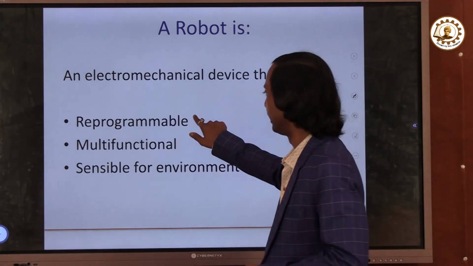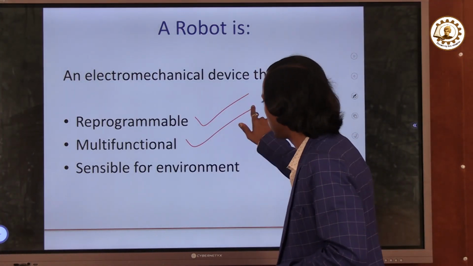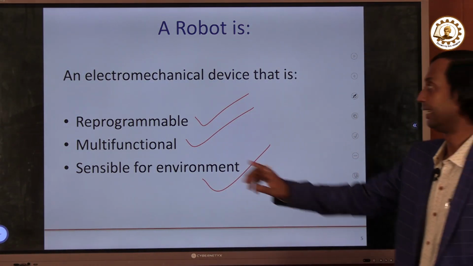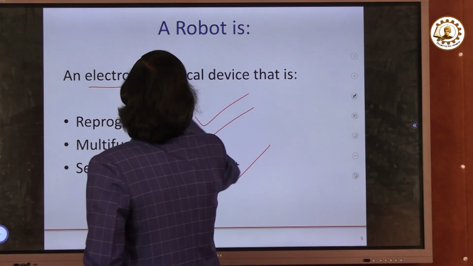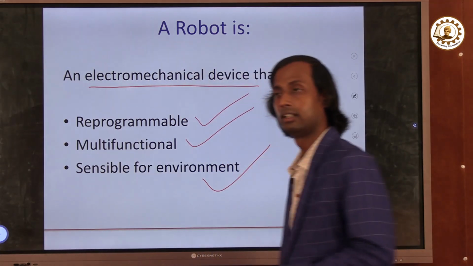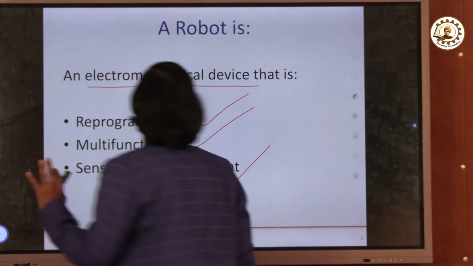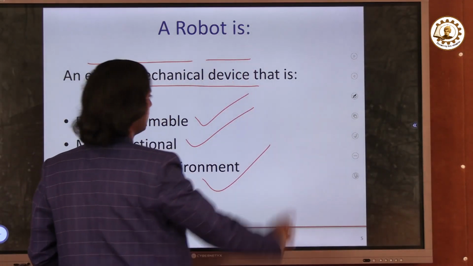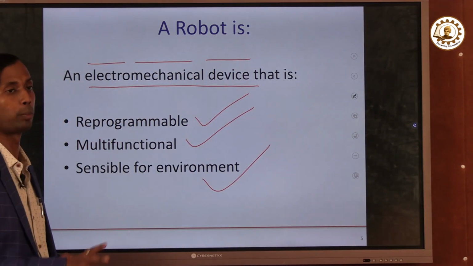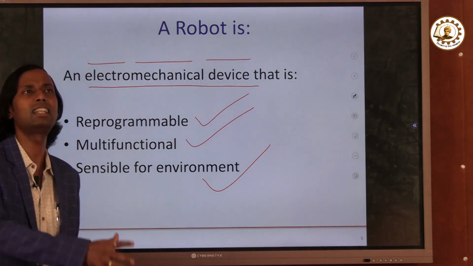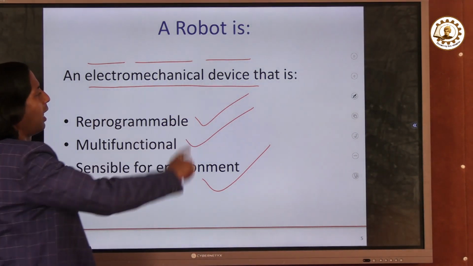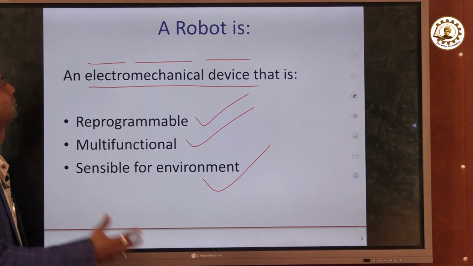A robot is reprogrammable, multifunctional, and sensible to the environment. It's an electromechanical device. Just keep in your mind, electromechanical device: not only pure mechanical, not only pure electrical, not only pure electronics. So it's a mixed device.